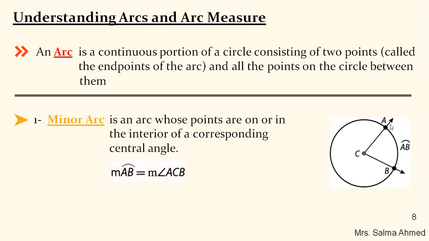The measure of arc AB is the same as the measure of the central angle. So if the central angle is 40, that arc is 40. If it is 90, the arc is 90. So measure of arc AB is equal to measure of angle ACB.